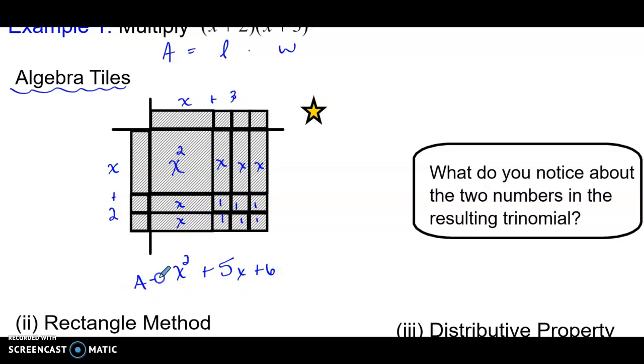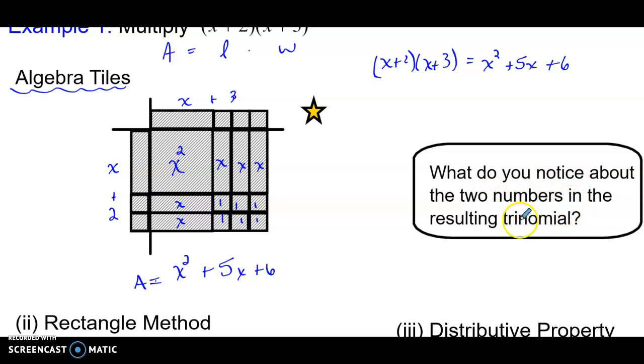This becomes my area, which is my product. So I can say that when I multiply x plus 2 with x plus 3, the answer, or the area, is x squared plus 5x plus 6.